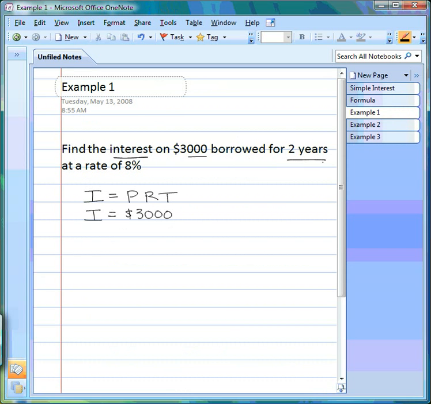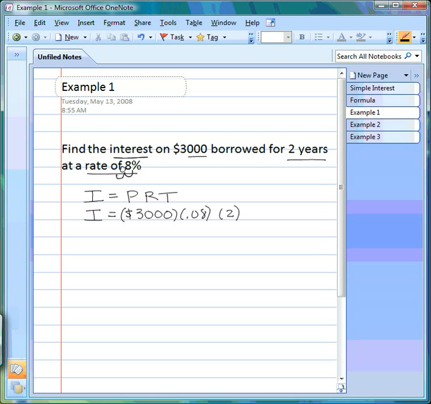For 2 years, 2 years is our time. At a rate of 8%. So your rate is 8%. You need to change that percentage into a decimal number. 0.08. We move the decimal point 2 places to the left when we do that. 1, 2.